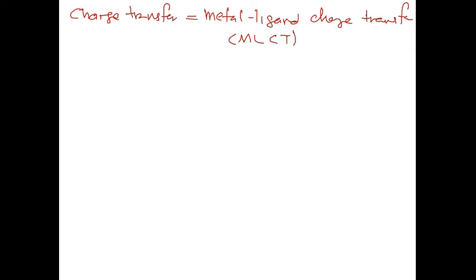The characterization of metal to ligand charge transfer is that the metal must have low oxidation state. When you say it is a low oxidation state, it means that this metal must be rich in electron density.